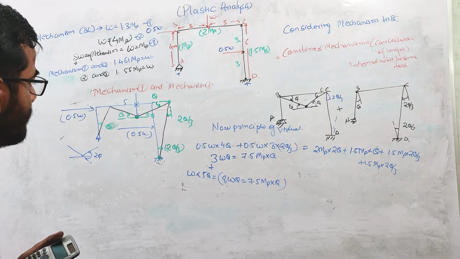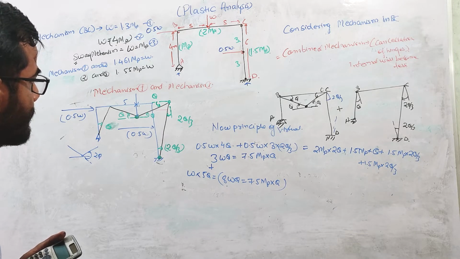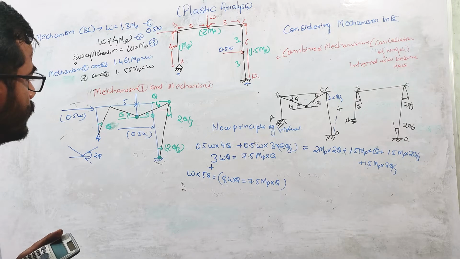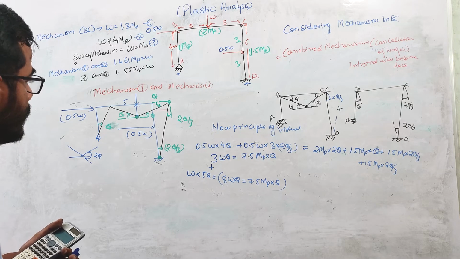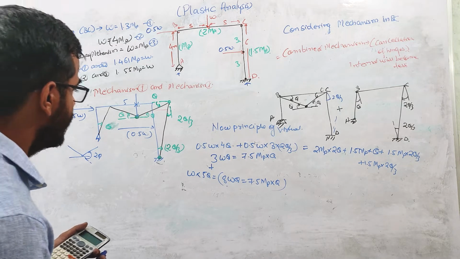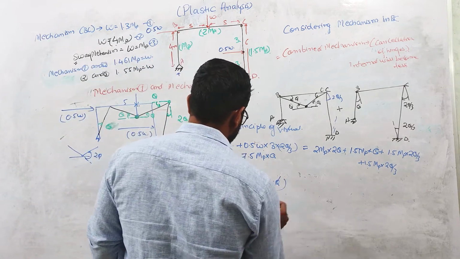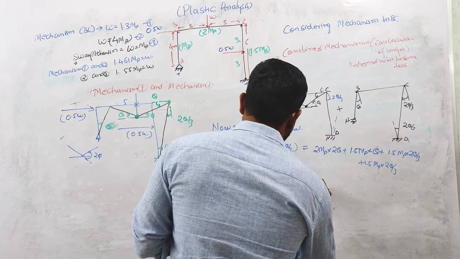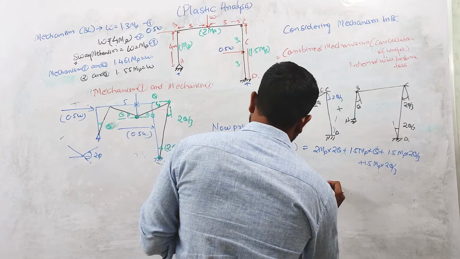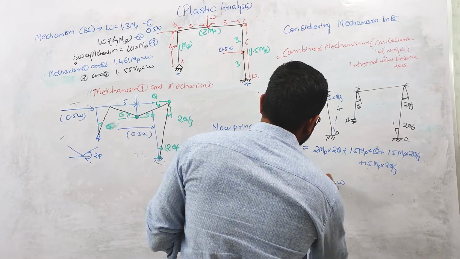The external side is 8, so theta cancels out. So 7.5 divided by 8 MP equals W.